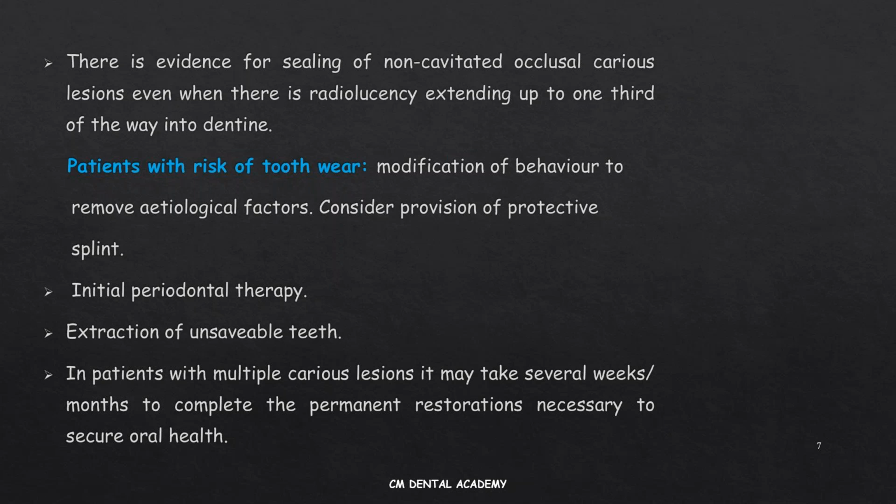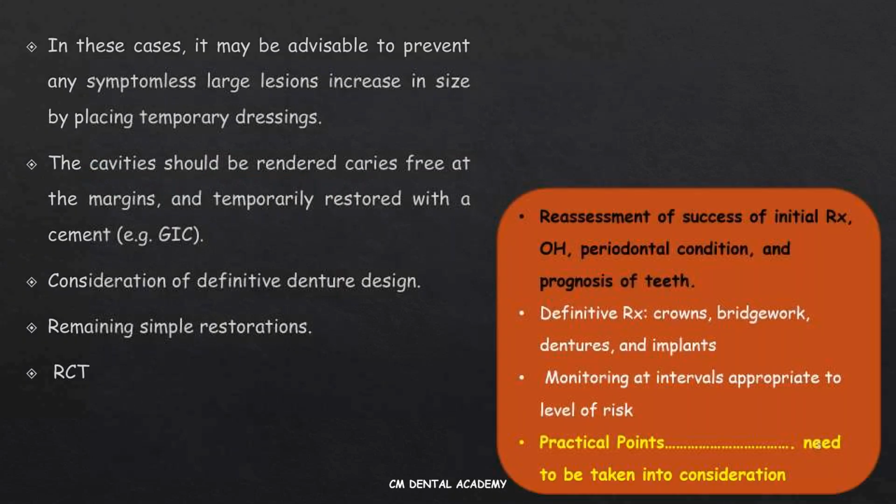In patients with multiple carious lesions, it may take several weeks or months to complete the entire treatment of all the teeth affected with caries with restorations and to secure good oral health. In these cases, it may be advisable to prevent any symptomless large lesions from increasing in size by placing temporary dressings.